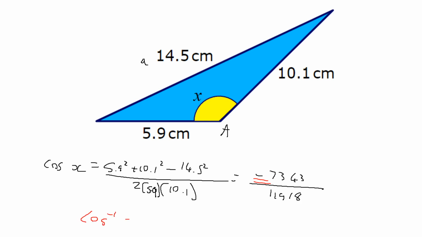Because when we plug that in to find x, x is equal to the inverse cos of minus 7343 over 11918, we should get an answer of 128.03 degrees. It's already an obtuse angle. And that's all there is to it. It's exactly the same no matter the size of the angle.